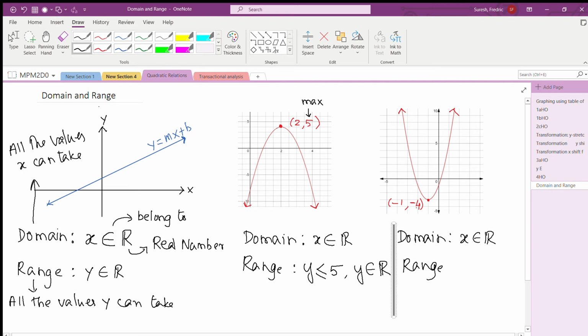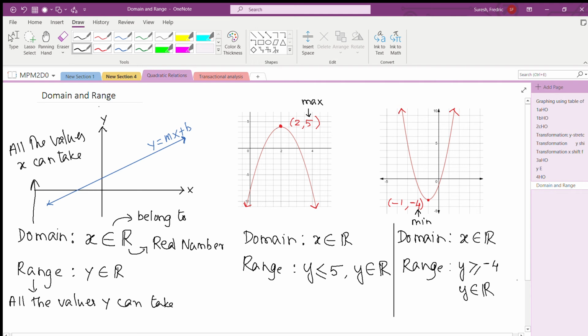So the negative 4 here is a min value. All the other y values in this parabola are going to be bigger than this negative 4, which is the smallest possible value. So here you will say y is bigger than or equal to negative 4. And the same thing as before, y belongs to real numbers.